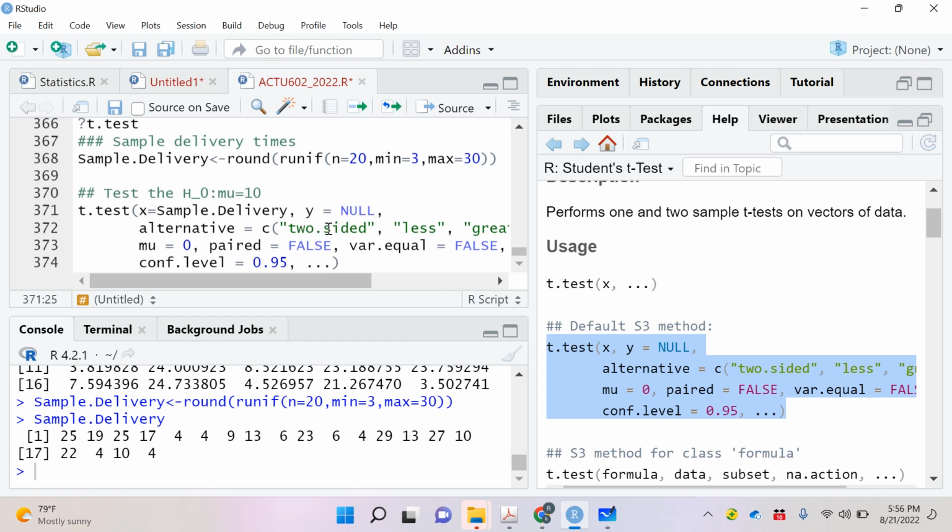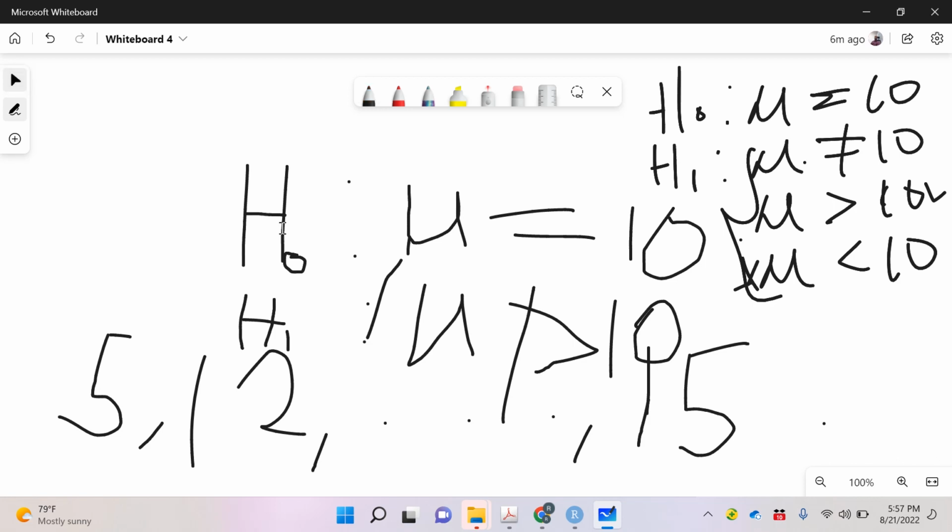Then the alternative, maybe you want to do two-sided, or maybe let's assume that they are actually underestimating their delivery time, so they are cheating customers. So we say it's greater, right? I delete everything and leave greater.